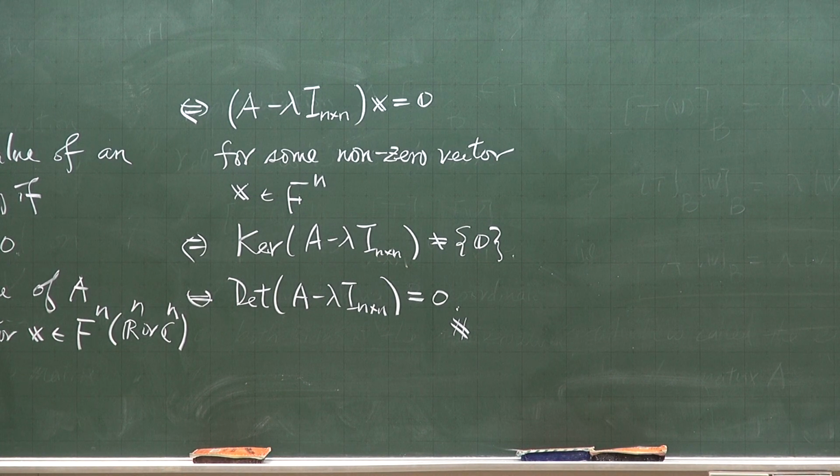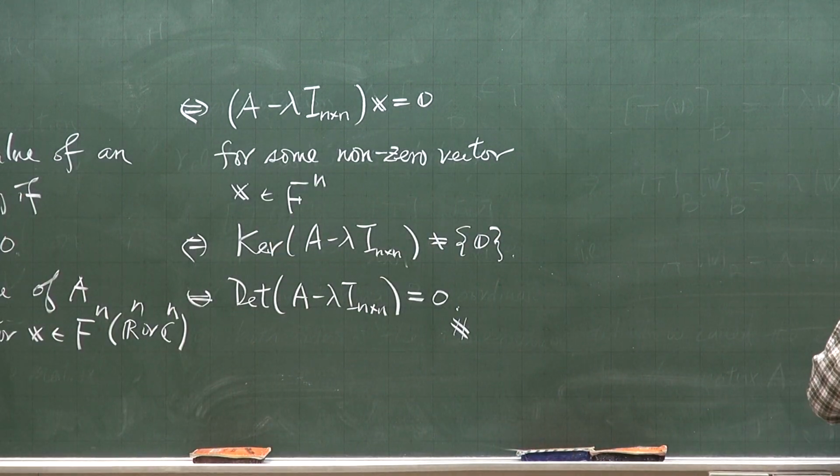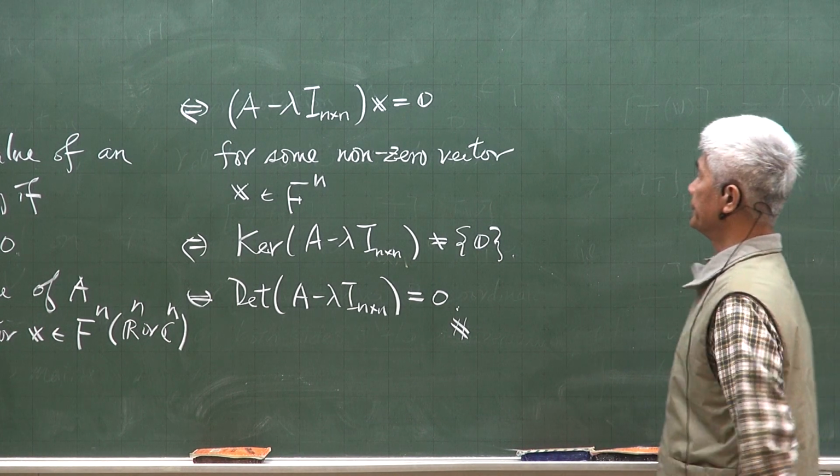A is given, the identity is also given, and we know how to compute the determinant from chapter 4. Basically, I will show that this is a polynomial equation.